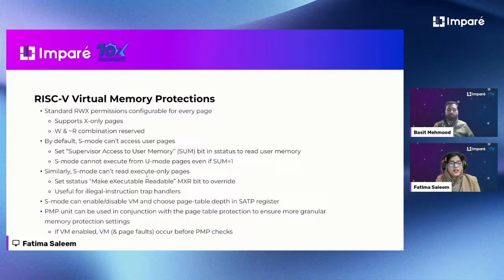If there are execute-only pages, like some instruction sequence that user mode was running, and we get the trap, S mode needs to know which instruction caused the trap. So we need to read that page, and we need the read permission for the supervisor. Then there is another bit, the MXR bit, to override this permission. When we set this Make eXecutable Readable bit high, then supervisor mode can read that page.